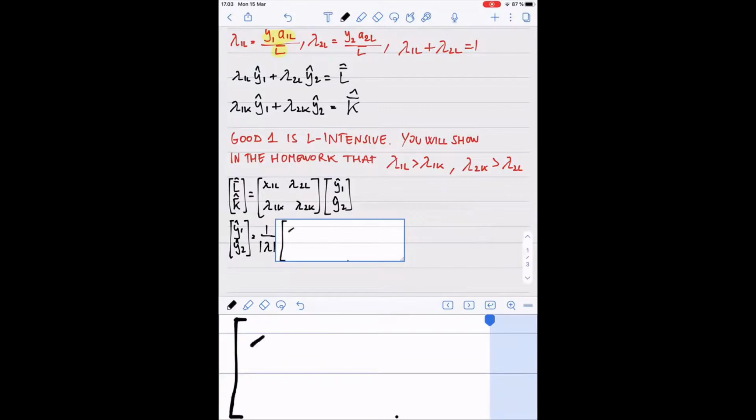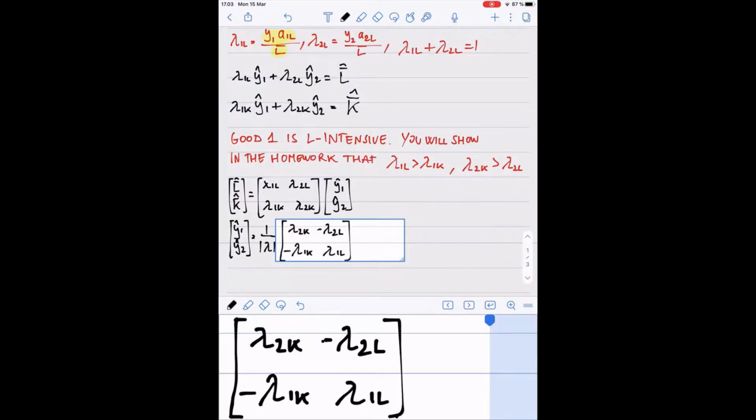What we have is lambda 2K, minus lambda 2L, minus lambda 1K, lambda 1L. And this multiplies the vector of the endowment changes.